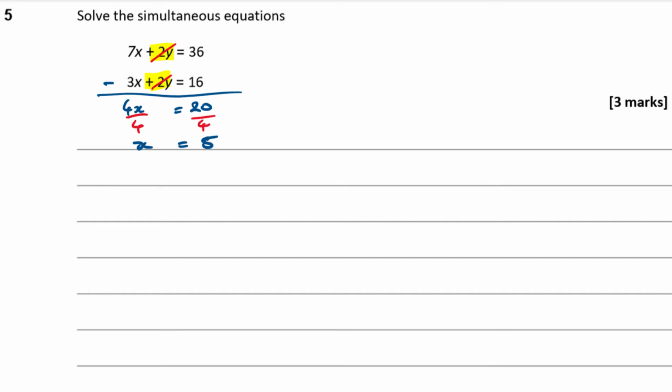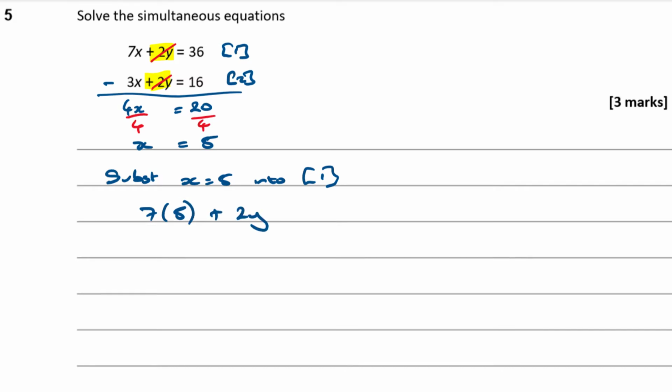Okay. Are we done? No, we've only got half the solution here. We found x, but we now need to find y. We can do that by just picking one of our equations and subbing x equals 5 into it. Let's just take the first one. So let's substitute x equals 5 into equation 1. So 7 lots of 5 plus 2y is equal to 36.